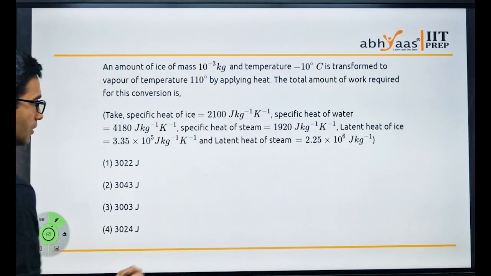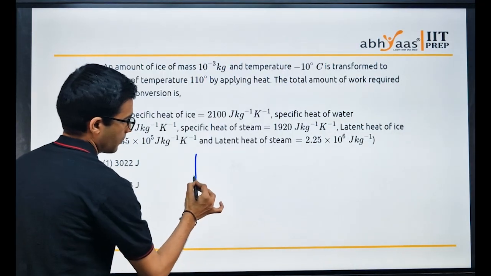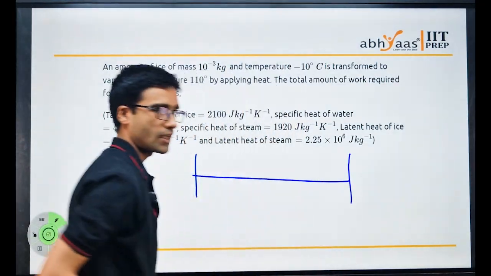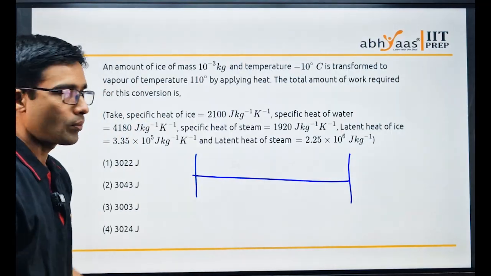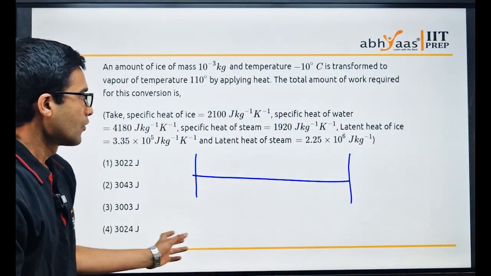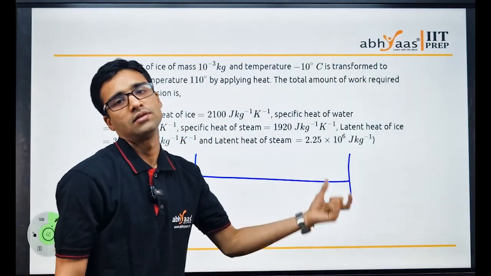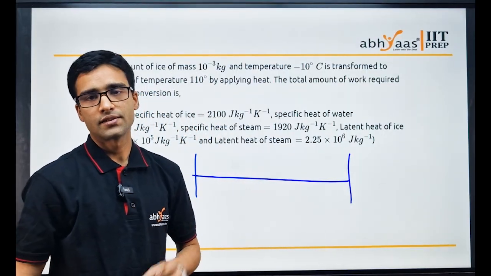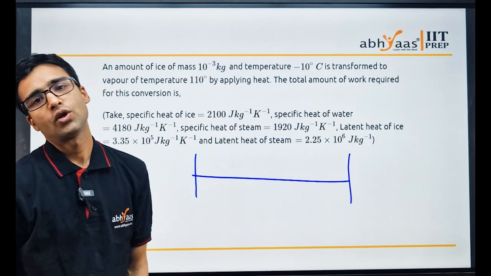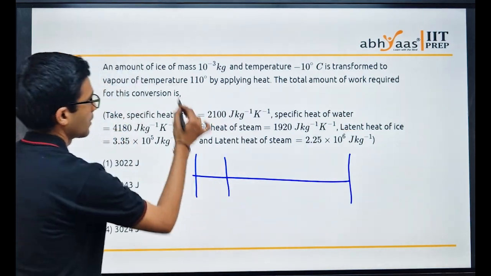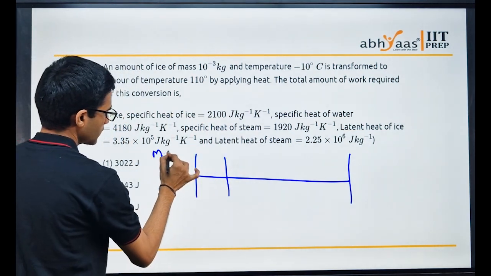I'll draw a simple diagram. Based on this, you can understand how many phases or changes it goes through. If you calculate the total amount of work done, individually for each phase you need to calculate the work. For example, here I'll write this ice state.